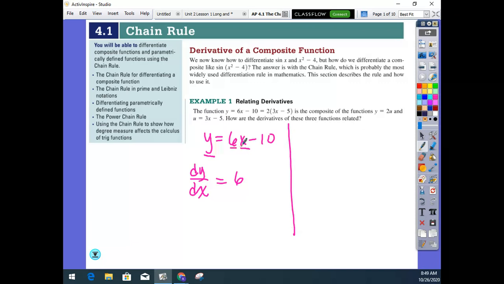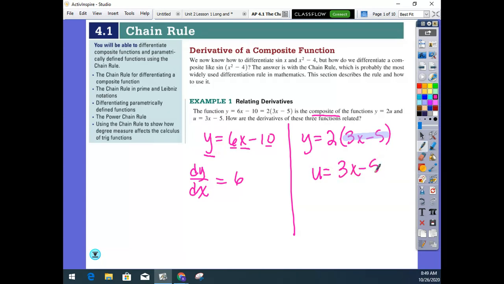We also see there's a GCF of 2. I could rewrite y as 2 times the quantity, 3x minus 5. Now say that I want to consider this a composite function, and I'm going to say, let's have u equal 3x minus 5, then y equals 2 times u.